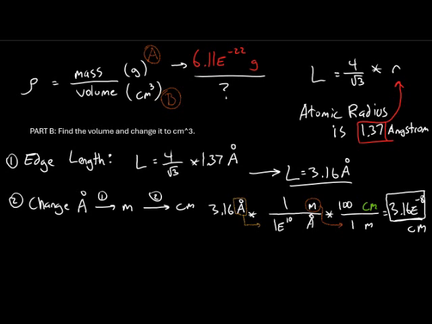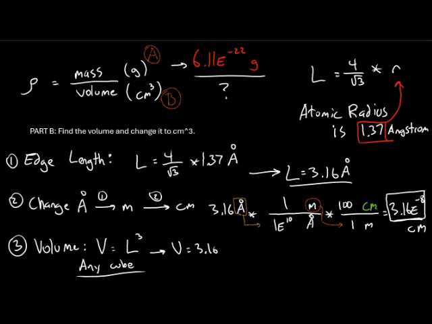The third step to this process, now that we know the centimeters, we'll get the volume. The formula for volume is going to equal the edge length raised to the third power, and this will be true for any cube. Therefore, we'll say volume is equal to 3.16 times 10 to the negative 8, put it in parentheses, and raised to the third power.